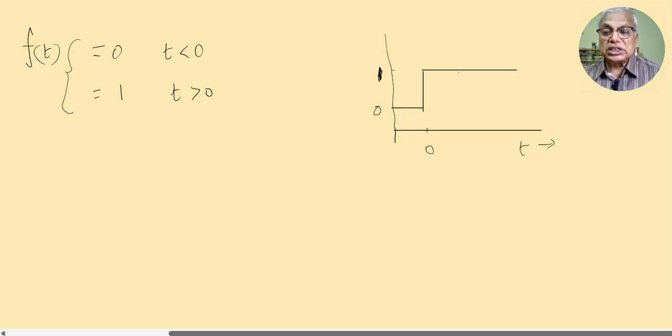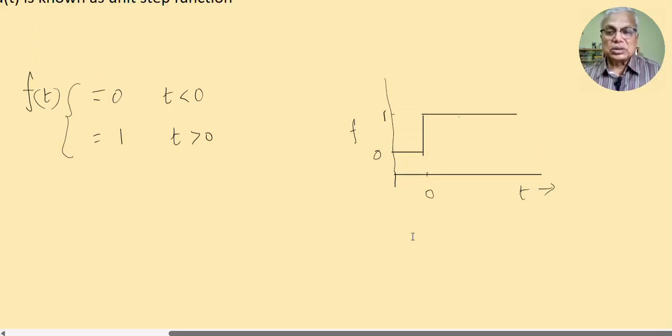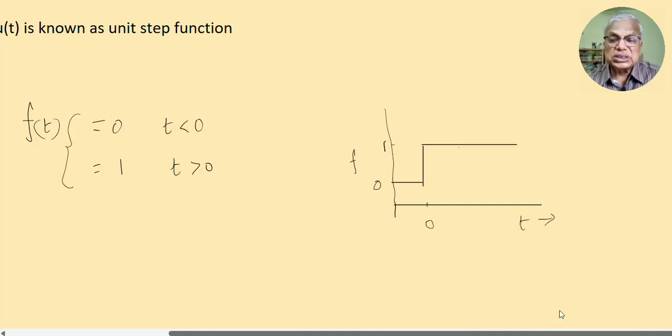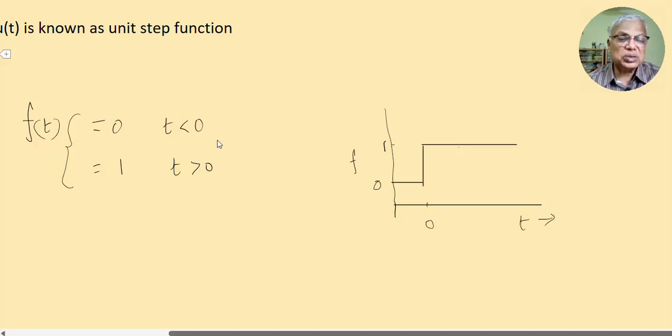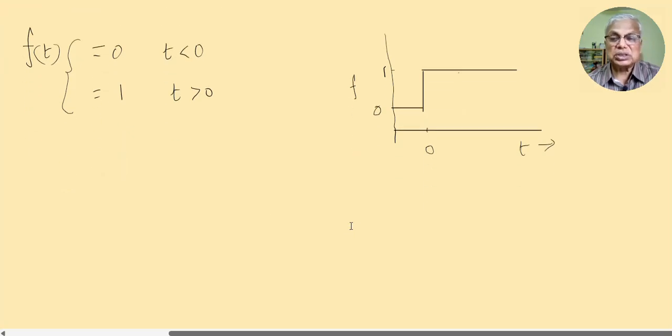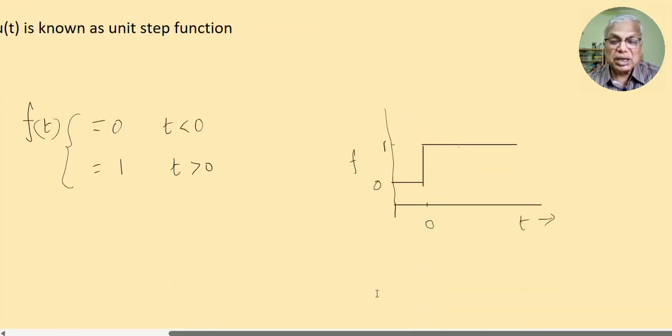So if the function changes from 0 to 1, this is a unit step function. The function value changes from 0 to 1 at t equal to 0.